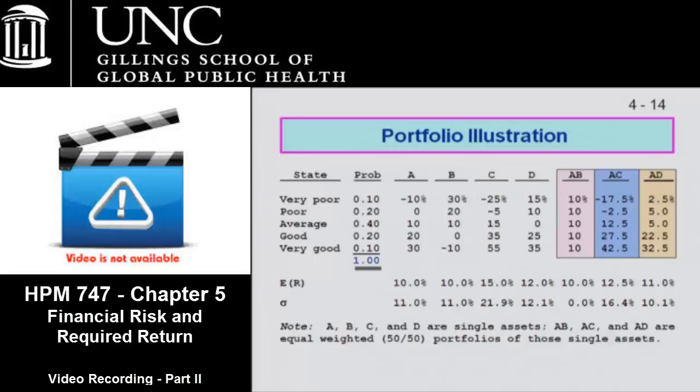So as you go from +1 to -1 in correlation, what happens to the amount of risk reduction? It increases. So even if two assets are correlated 0.99, there will be some risk reduction. And if they're correlated -1, that could be a lot of risk reduction.